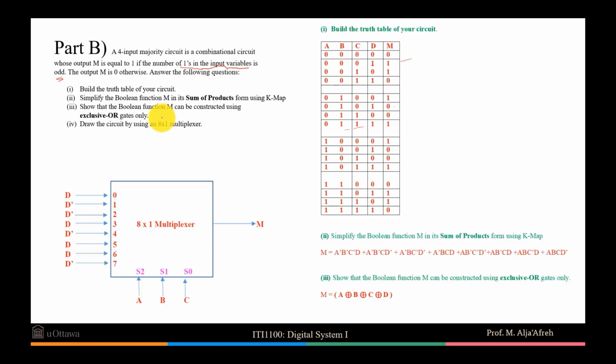Simplify the function M as a sum of products using a K-map. I'm not going to re-explain it. It's going to be easy. That is the sum of products.